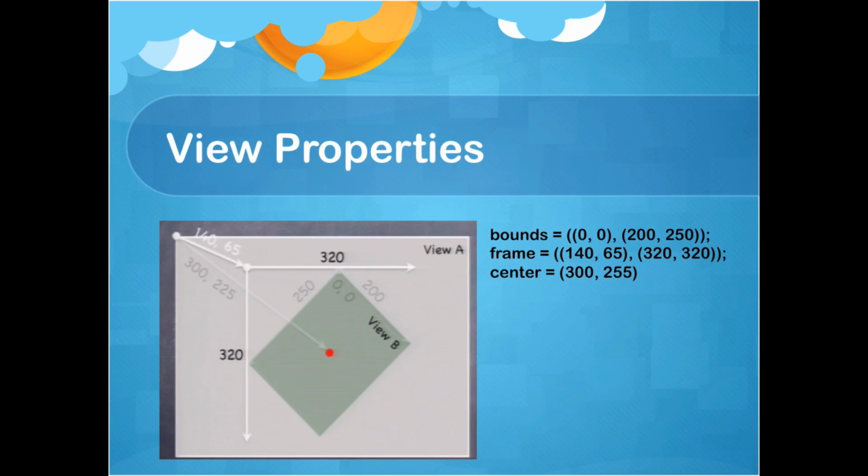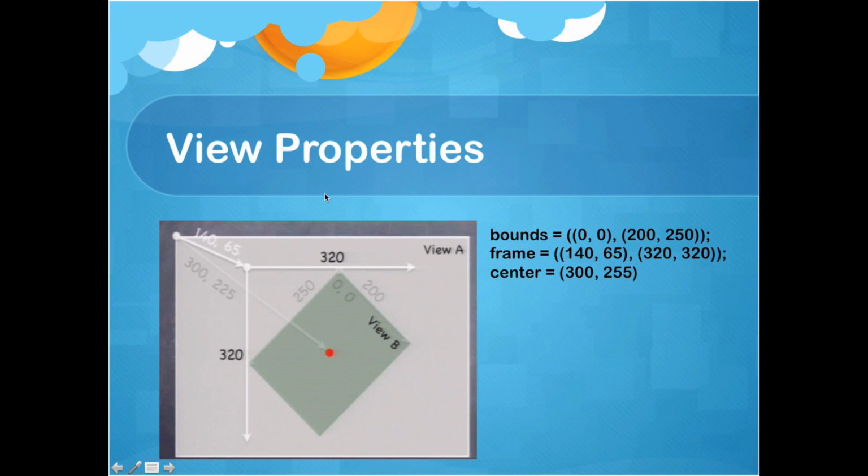If you look at this picture, the coordinates of the view start from 0, 0, and it goes to the x. If we increase the x, it goes this way, and if we increase the y, it goes this way. So for example, the point 140, 65 is here. This is 140 x, and 65 down y.